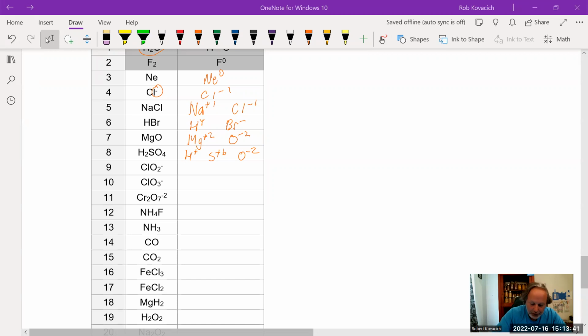So this one's a little bit different because in this case, we're actually looking for something that has an overall charge. So I've got a chlorine and I've got 2 oxygens, and this needs to equal a -1 charge. If I look at my rules, the oxygen has a -2 charge, so they both have -2 charge. I want to write down a -1 charge for the chlorine because it's a halogen, but I can't because something in this has to be positively charged.